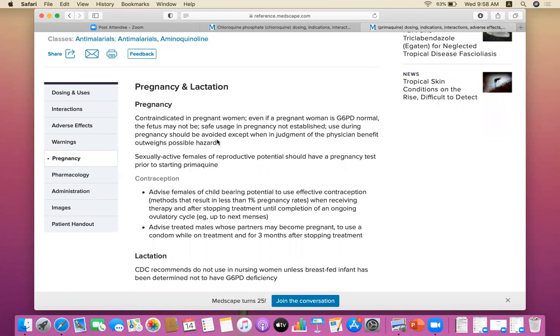The fetus may not be safe. Use in pregnancy is not established. Use during pregnancy should be avoided except when, in the judgment of the physician, benefits outweigh possible hazards.